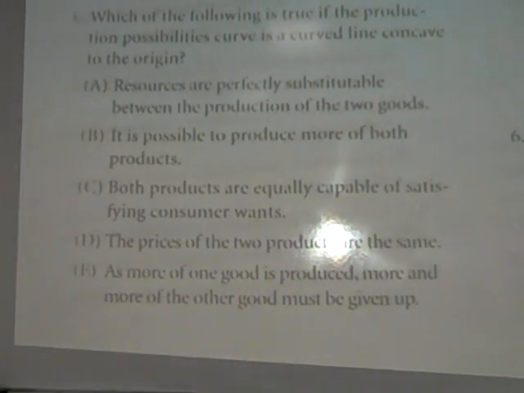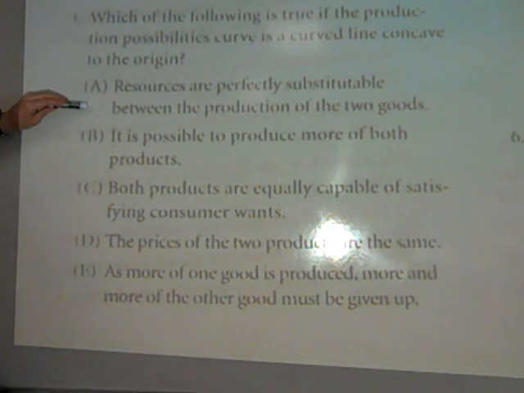So let's see. We can answer number 3. Which of the following is true if the PPC is curved? There's a curved line concave to the origin. It's got to have something to do with opportunity cost, increasing opportunity cost, or resources having varying abilities. Resources are perfectly substitutable? No, that means they're the same. You don't want them to be the same. It is possible to produce more of both products? Not if you're on the PPC.